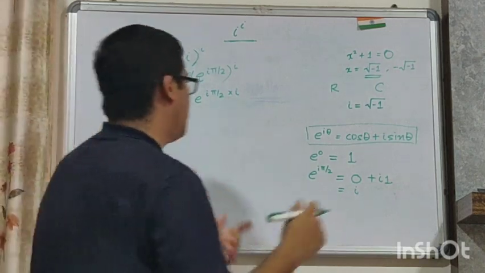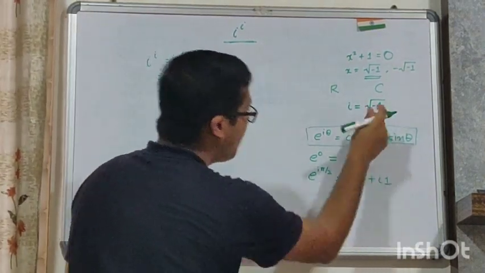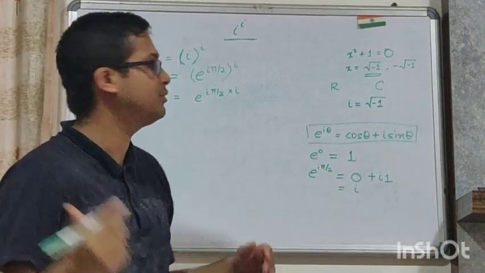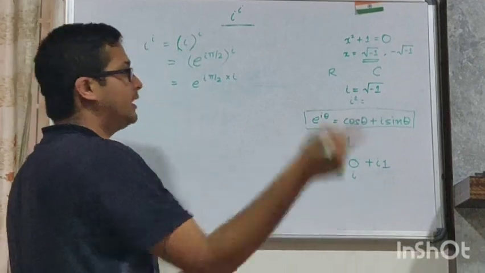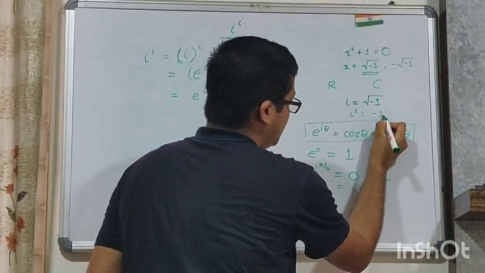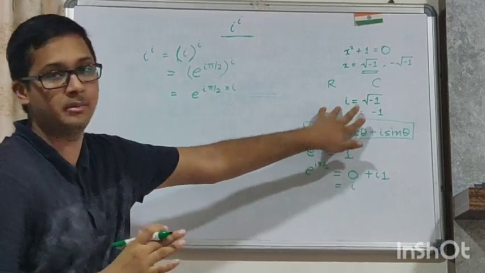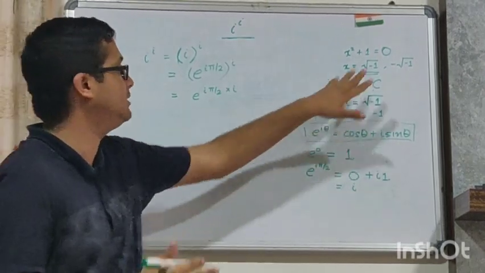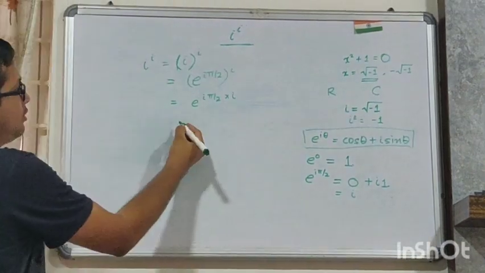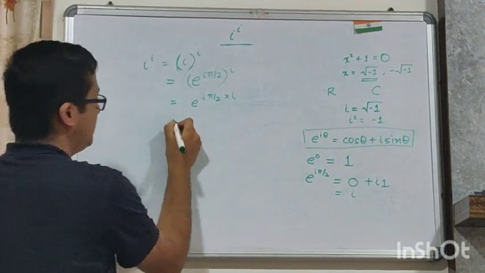One more result for complex numbers is that if I is the root of minus 1, then I square is not 1 but minus 1. This is the very fundamental thing of complex numbers, and on this particular result itself the complex number system is defined. So I into I is nothing but I square, which is minus 1.